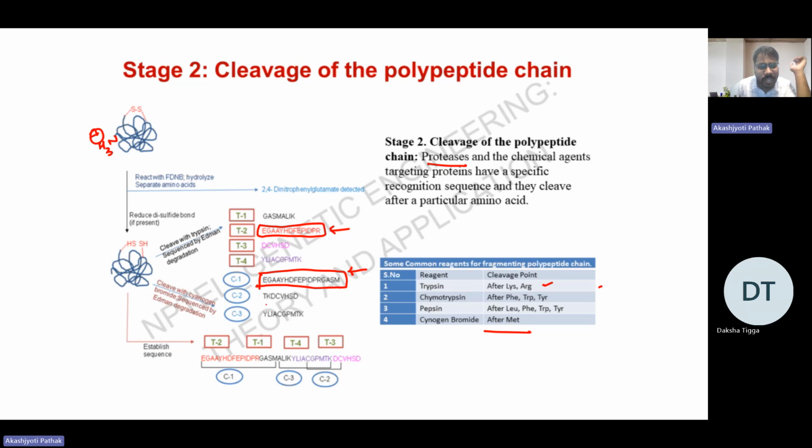Okay. Now this peptide that you have obtained, TKDCV, HSD, you can align with this one, right? So you can align these different peptide sequences and you can get the complete sequence of your protein. This particular sequence which I have obtained on treating with trypsin ends with TK and this one starts with TK.